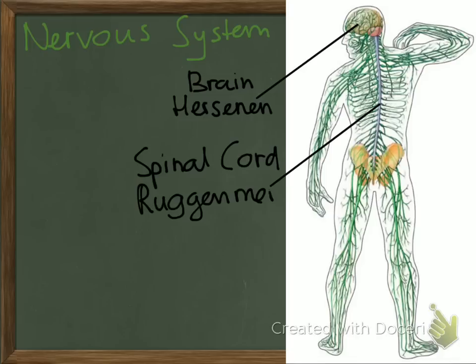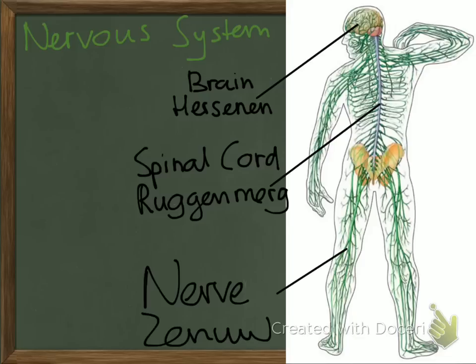And your spinal cord connects the rest of your body with your brain. All the nerves running in every end of your body are connected through your spinal cord. So that's why it has to be protected very carefully by the vertebral column.